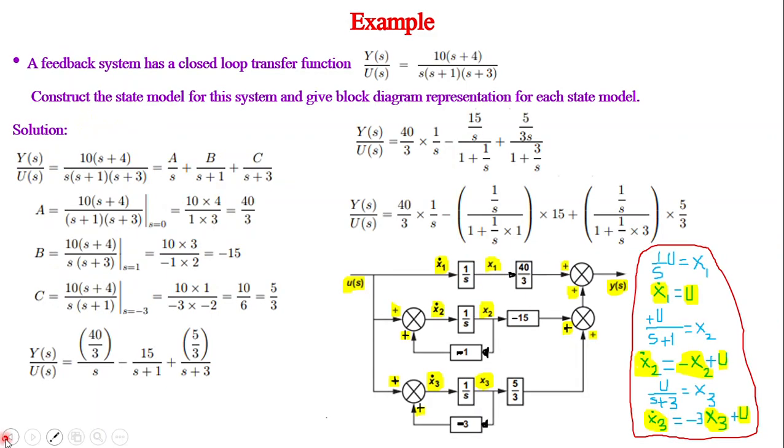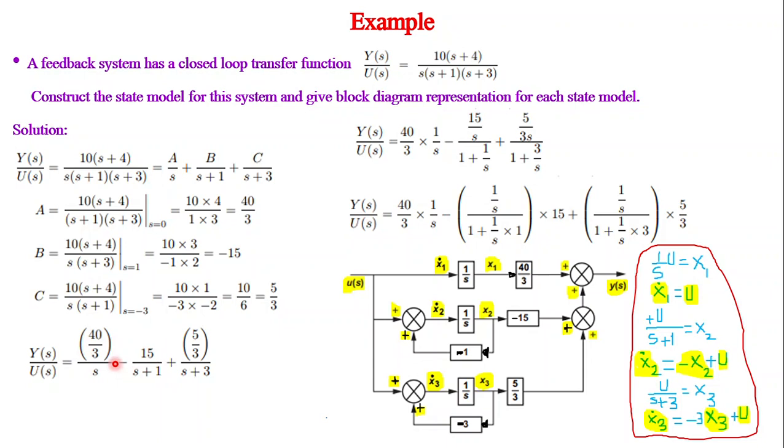There is one more, a third form. The first form we have seen in the last lecture, the second state model we have seen now. Third state model, very simple. For example, the same thing, if I am writing like this, instead of writing 1 by s into u as x1, this 40 by 3 is also combined here, then 40 by 3 will come.